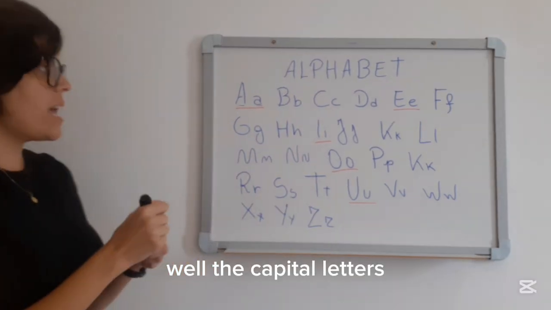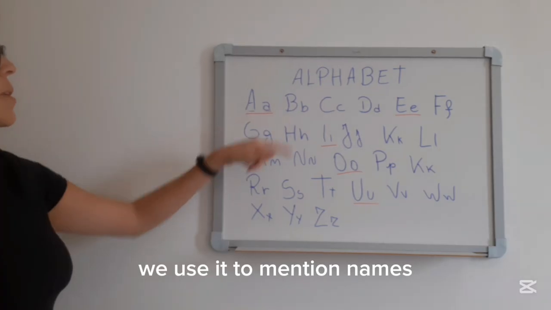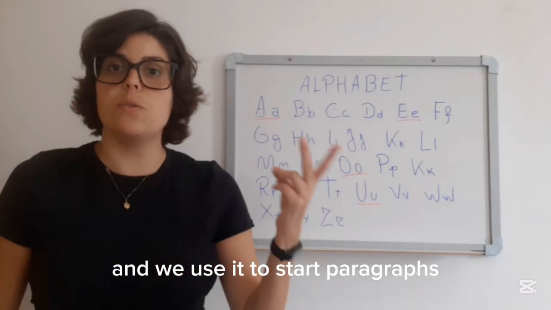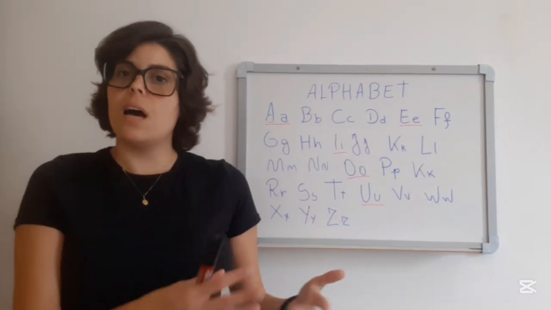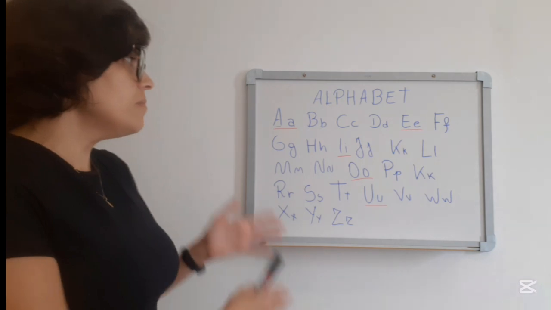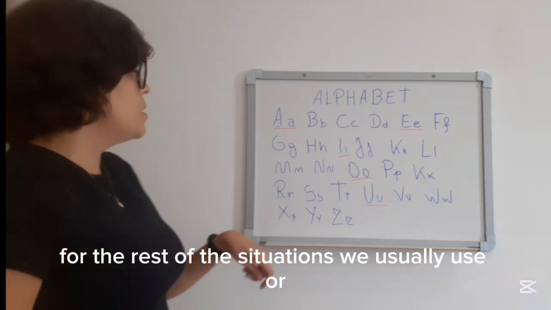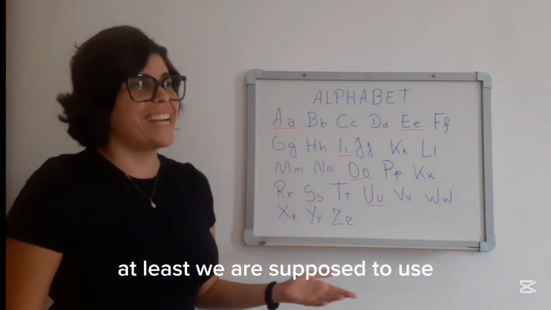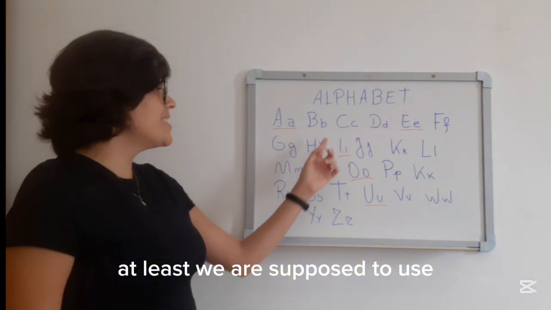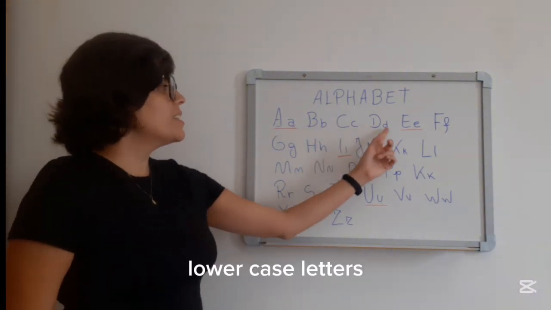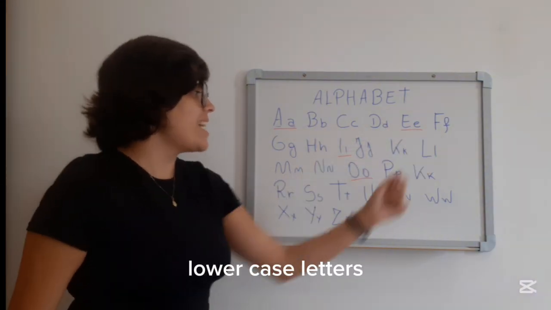Well, the capital letters we use it to mention names and we use it to start paragraphs, among other things. For the rest of the situations, we usually use, or at least we are supposed to use, lowercase letters.